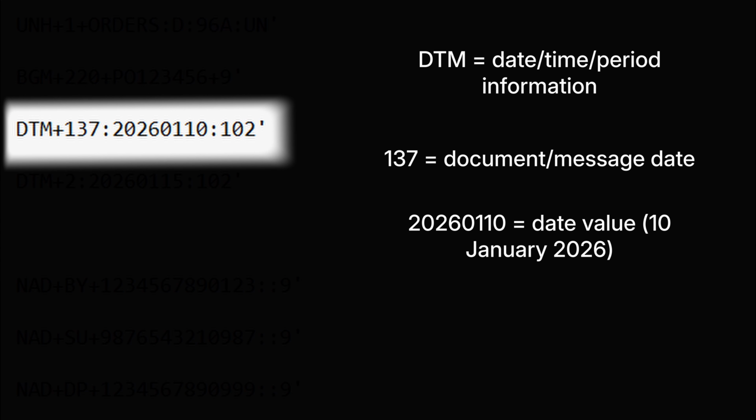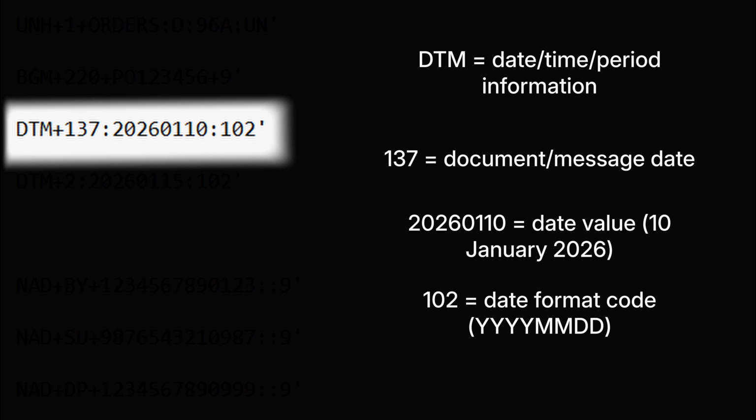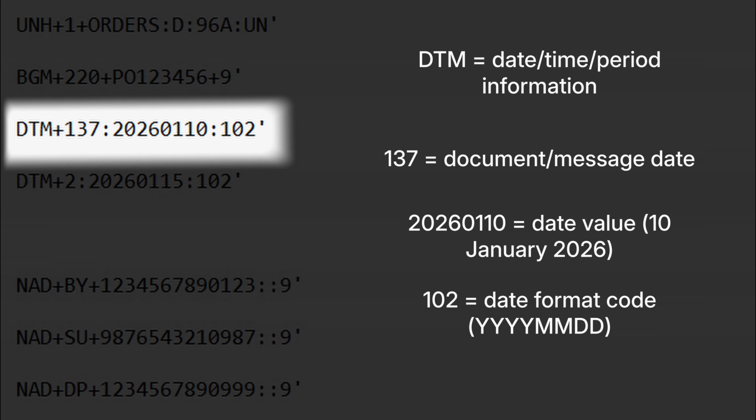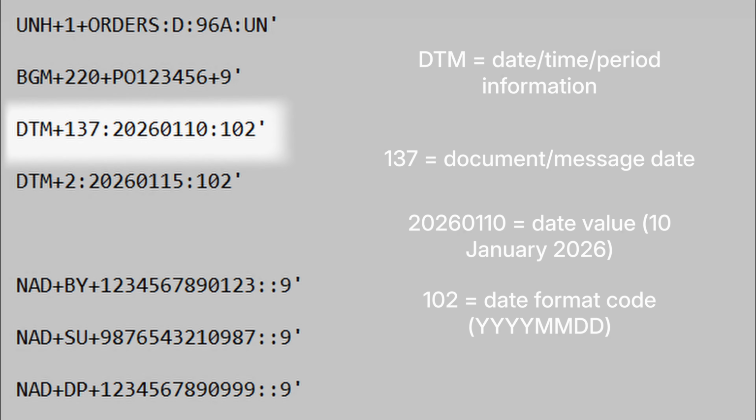The format code 102 means the date is in year, month, date format. In the second DTM, the qualifier is 2, representing the requested delivery date, which in this example is January 15th, 2026.